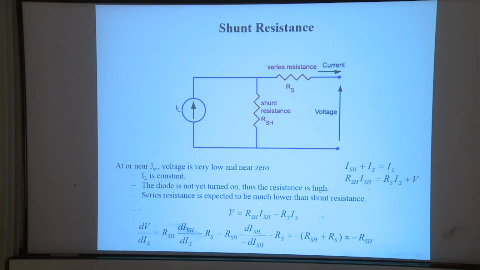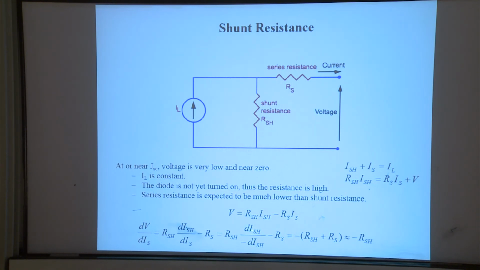So we can express the voltage in terms of both resistances. If we derive the voltage by current at this condition, very close to ISC, then we will be able to get this one.